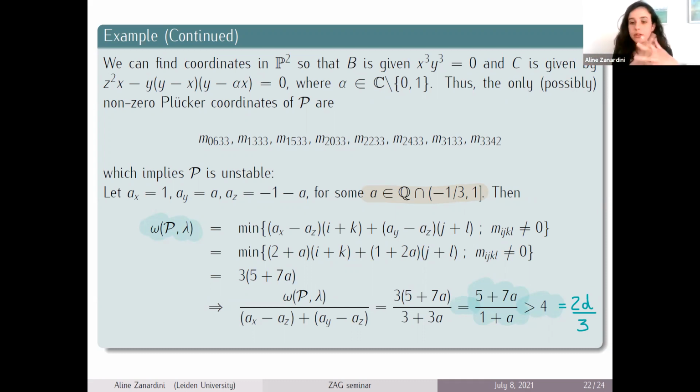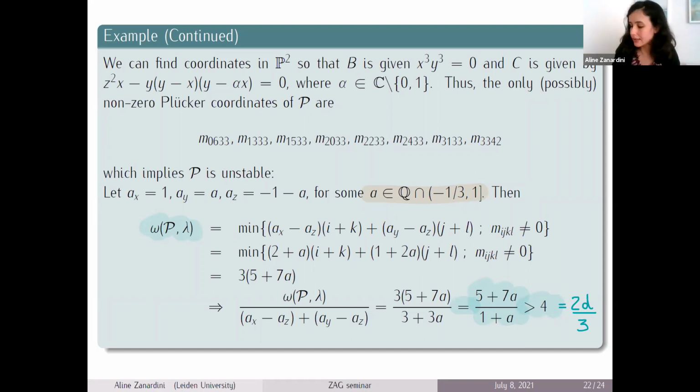And the criterion tells us the pencil is unstable. So this also illustrates another ingredient that played a role in determining the stability of a Halphen pencil, which is really knowing what the curve B looks like for certain types of fibers.